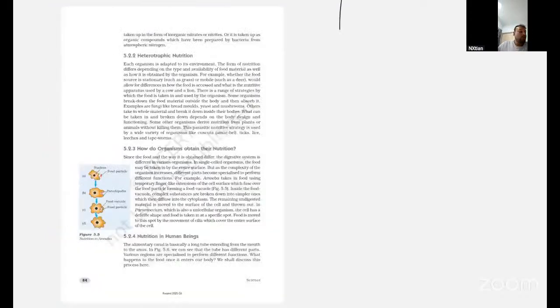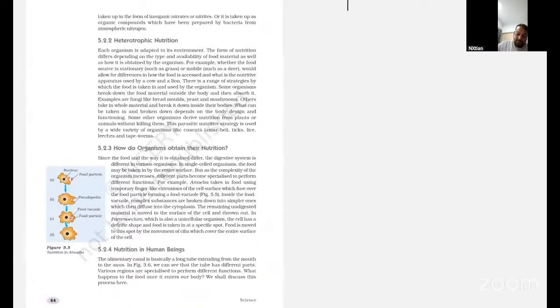Now the third type of animals that I'm talking about is parasitic, the parasitic mode of nutrition. What is the parasitic mode of nutrition? In this mode of nutrition, the organism lives on the host body.